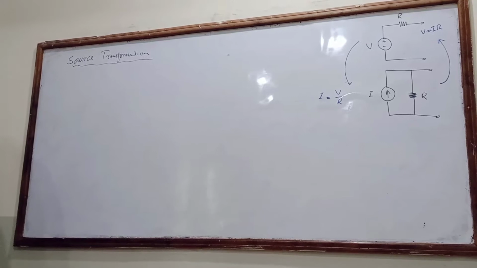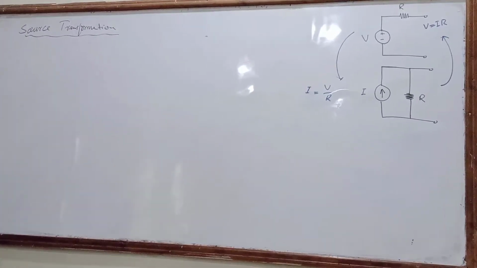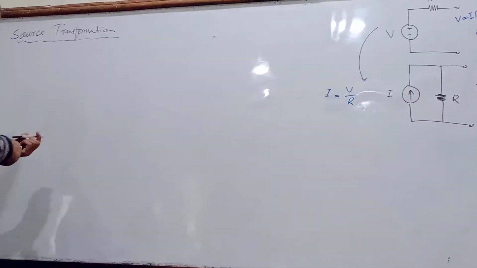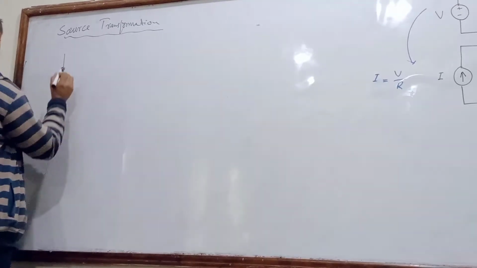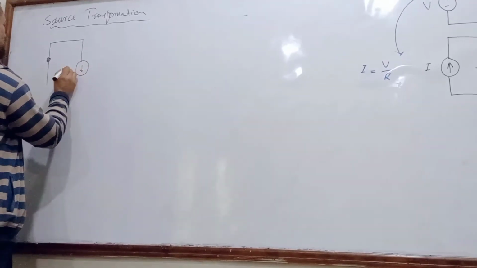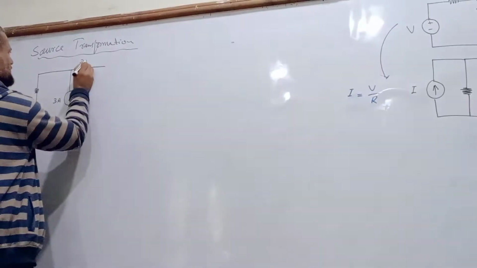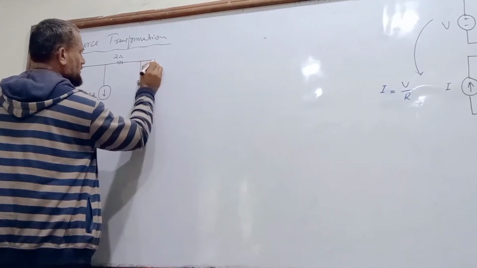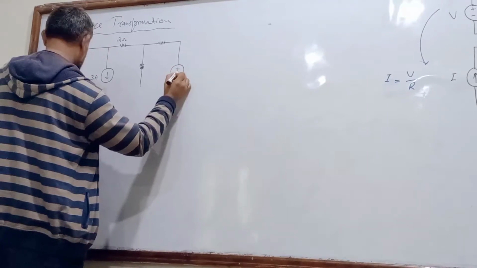So there is V naught, for example, three ampere, 2 ohm, and resistance R, and voltage source 12 volt.